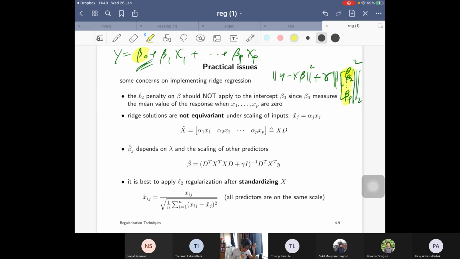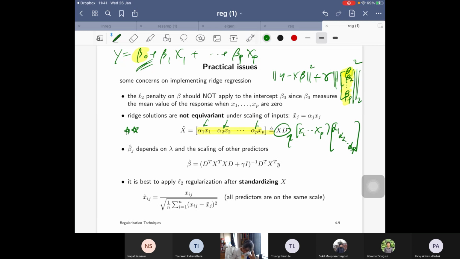When we have the linear regression model, if we scale the predictors by a factor of alpha, we can represent it as a matrix product, X times D, where D is diagonal. This is a good exercise.